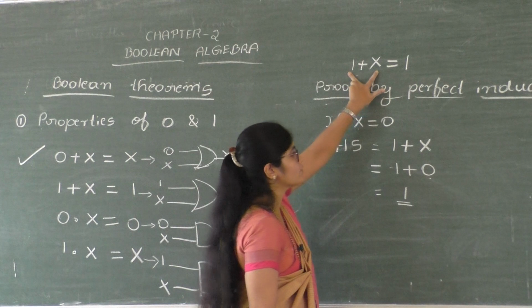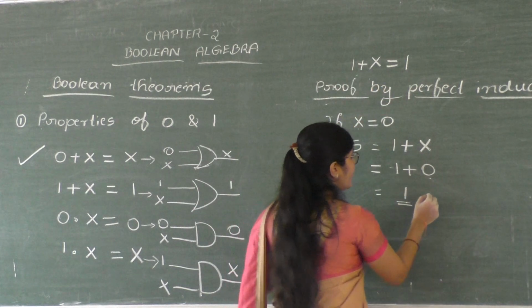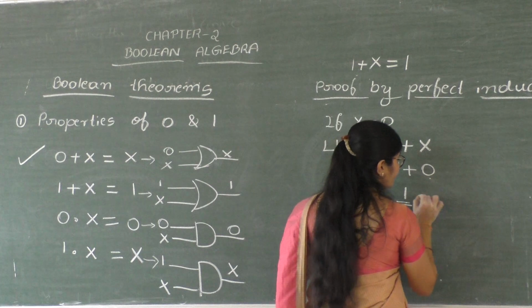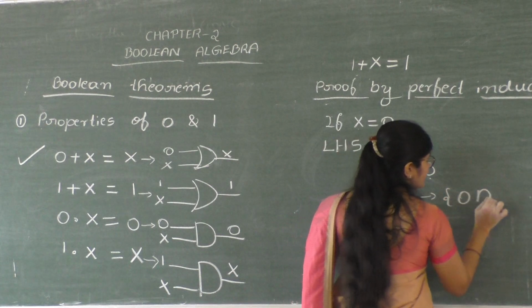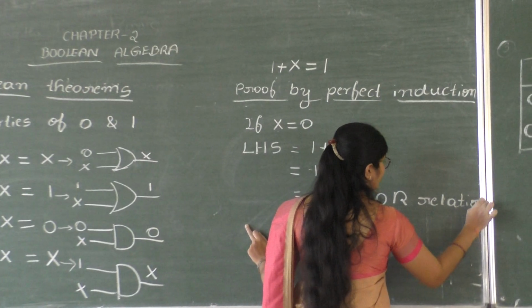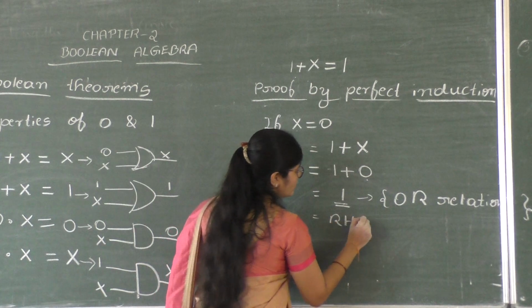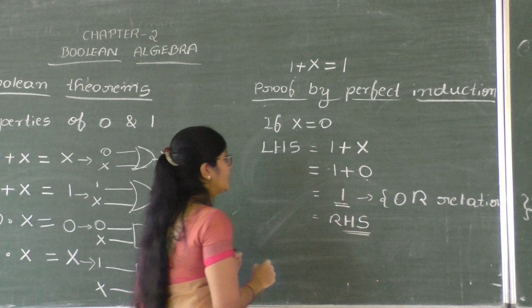See, LHS 1 plus x, we got the answer 1, that is equal to RHS by OR relation. So 1 is equal to 1, that is equal to RHS.